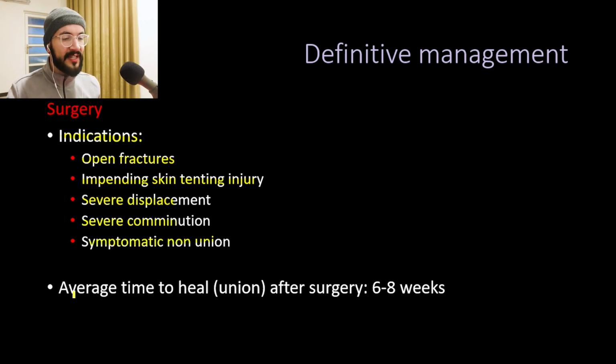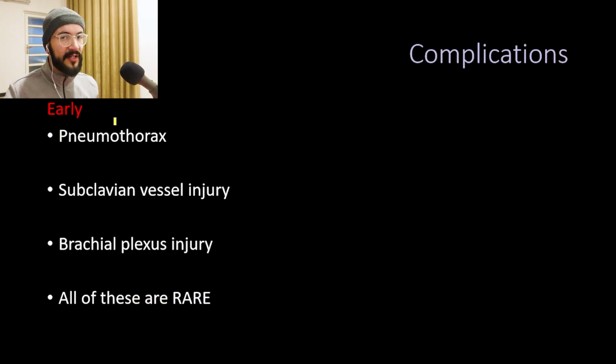And the average time to heal after surgery is about 6 to 8 weeks, while without surgery it would be about 2 to 3 weeks. Finally, let's talk about the complications. So early complications include pneumothorax and subclavian vessel injury and brachial plexus injury, and all of these are rare.